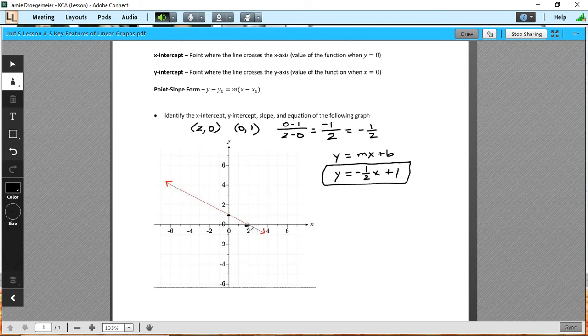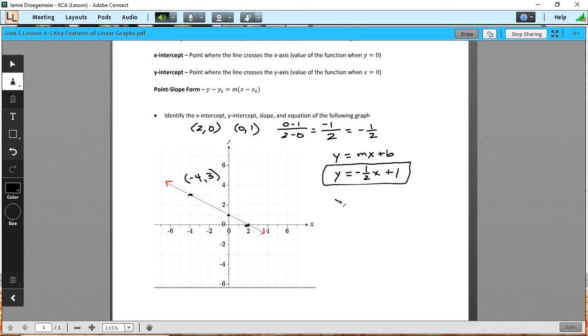So for example, let's use just a different point here. So let's say we know this point here, -4, 3. We know that point on the line, and we know our slope of -1/2. So just pretending at the moment that we didn't know what those x and y intercepts were.